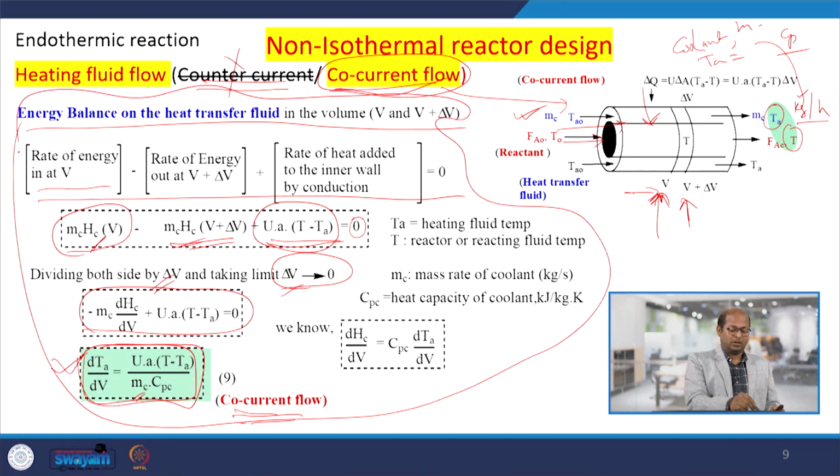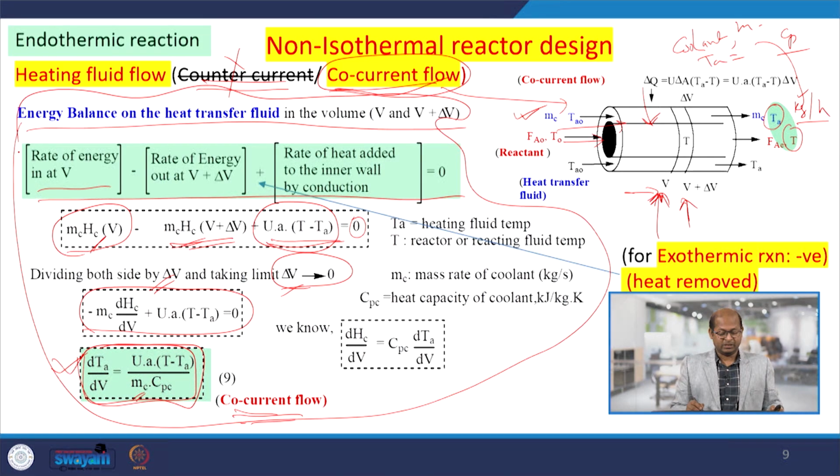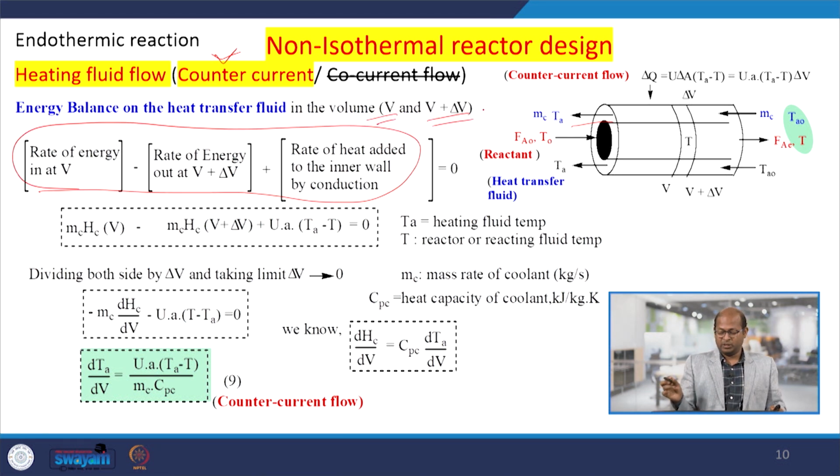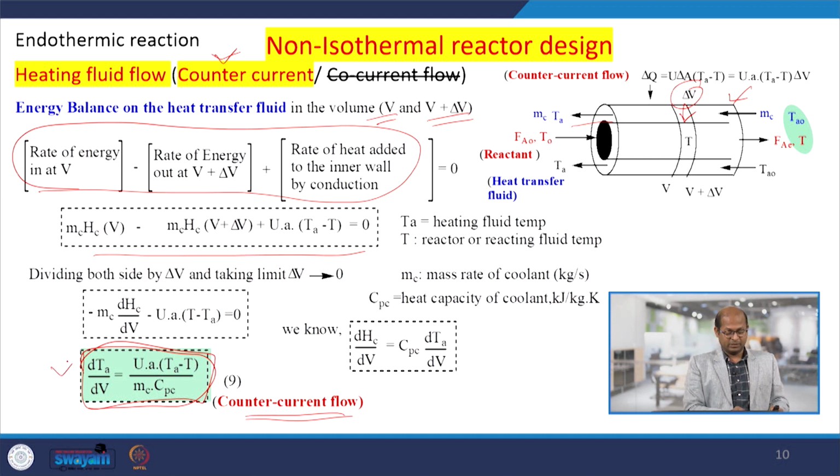So, for heating fluid co-current, and now it is counter current, the flow direction is different, then the energy balance we have to do within volume V and V plus delta V, a small delta V volume. After the energy balance, similarly we can get this differential equation for heating fluid or coolant temperature, how it varies with the volume or along the length of the reactor, for counter current, with just a sign convention difference.